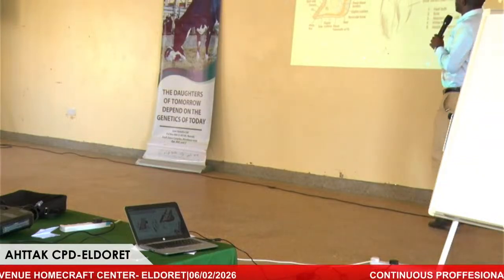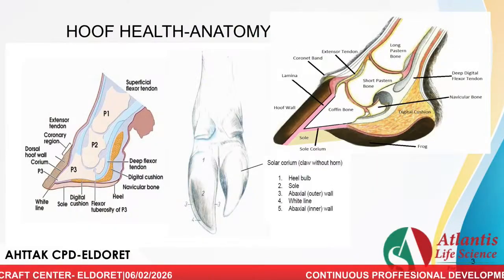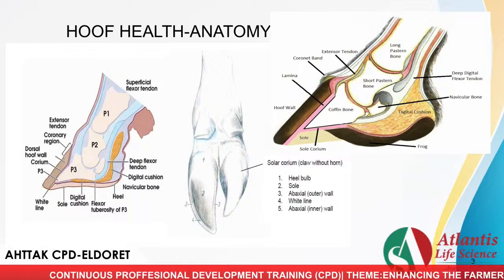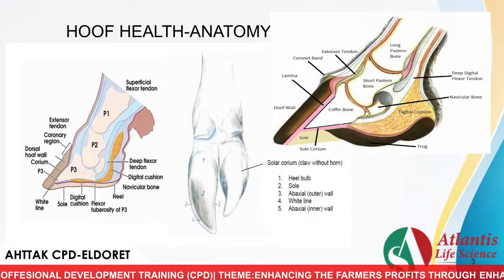So this is the hoof sole. This is the hoof wall. And underneath the hoof wall is the sole. And this sole is the soft tissue that serves us most when the animal is under a lot of pressure, especially during lameness.